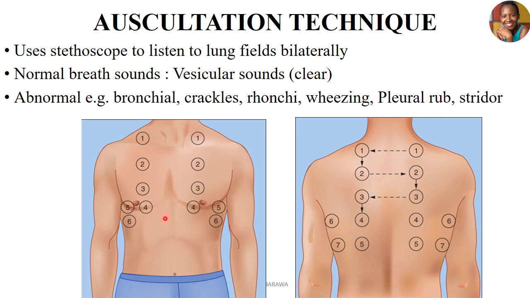And once you're done with the anterior side, you move to the posterior side and observe the same. Observe your mid-clavicular line, and then you will also use the mid-axillary line to check for the sounds. So you get your demarcated points there, numbers 1, 2, 3, 4, 5, 6, and 7.